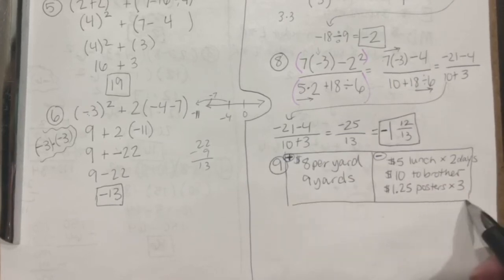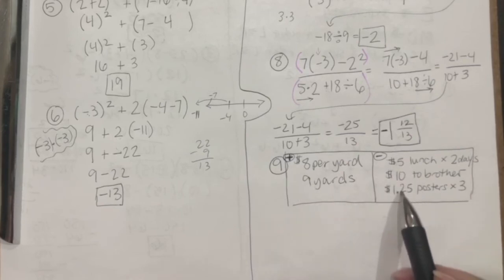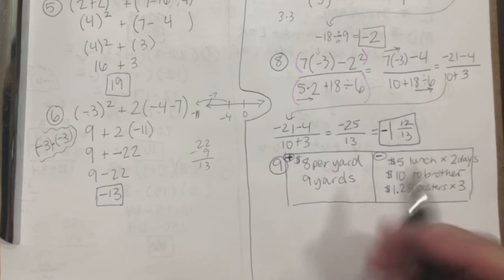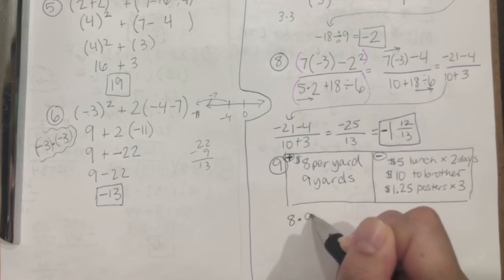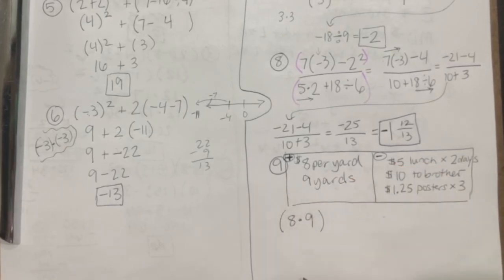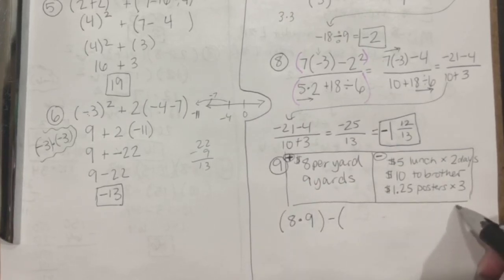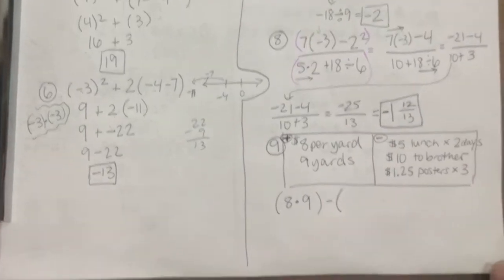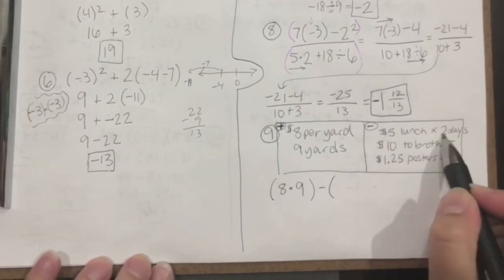Write an expression to show how to calculate the amount of money he has left. So we're going to start with how much money he made, and then we're going to subtract all the stuff that he spent. Okay, so we're making $8 per yard times 9 yards. And that is the money that came in. And then we're going to subtract everything that went out. So I'll put that parentheses at the end. So $5 for lunch times 2 days.